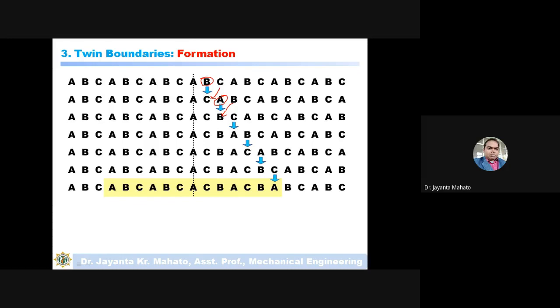Then again, if this C plane is missing, after B, A will come. If B is missing, C will come in place of B. Again A plane will be missing, and in place of A, B will come.